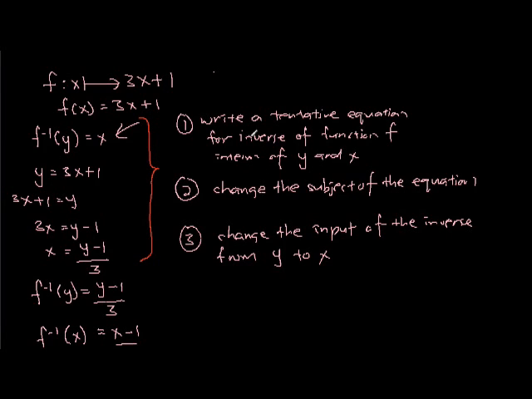Firstly, write a tentative equation for the inverse of function f in terms of y and x. This is what you need to do. Then we change the subject of the equation from y to x.